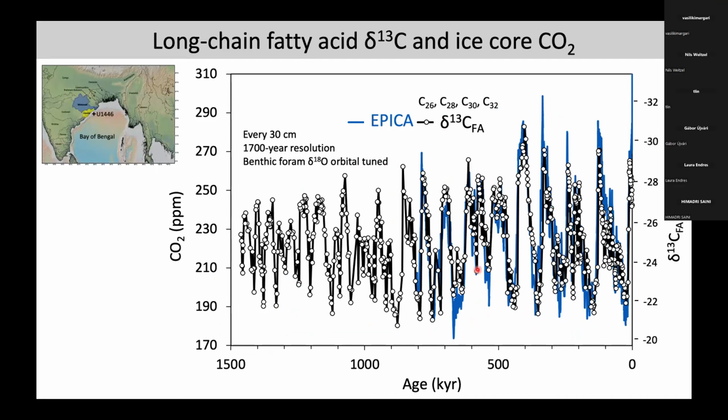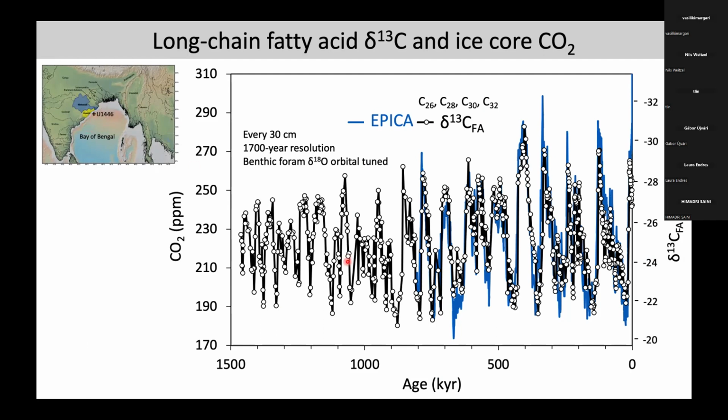We analyzed the leaf wax carbon isotopes. We analyzed the long chain normal fatty acids, and the data is the black one, you see. This is the delta C13 value of the long chain normal fatty acid. This was extracted from the sediment at IODP Site U1446 in the northern Bay of Bengal.